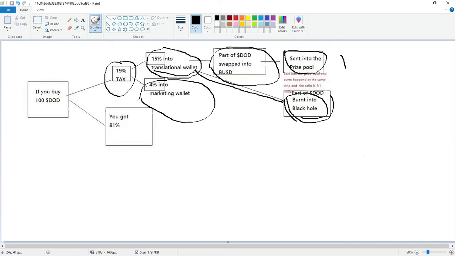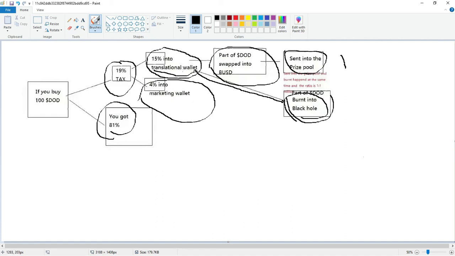So let's take, for instance, if you buy 100 DODs, in that transaction there will be a 19% tax, meaning you as an investor are going to get 81% of your DOD. And later on, the 19% tax is divided into two parts. That is the 15% that is in the transitional wallet and 4% that goes into the marketing wallet.